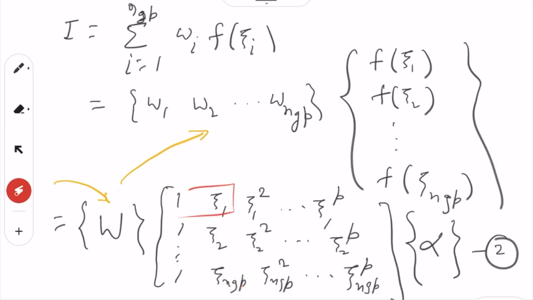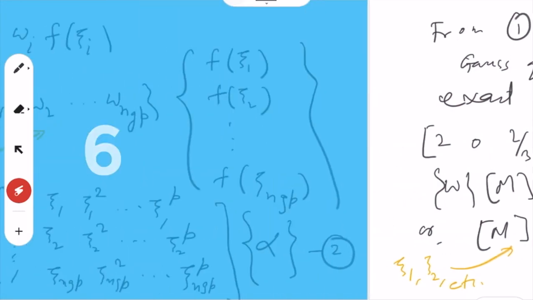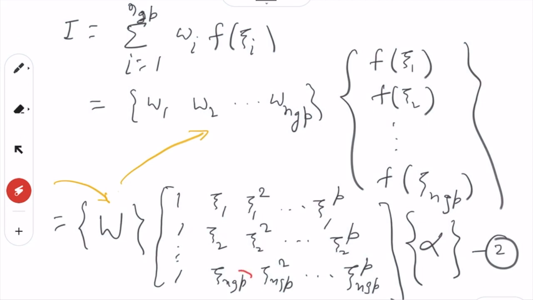So here, the M matrix, look at this: we have NGP equal to 1, number of Gauss points is 1. So we are interested in only this one, and here we are saying p equal to 1 only.